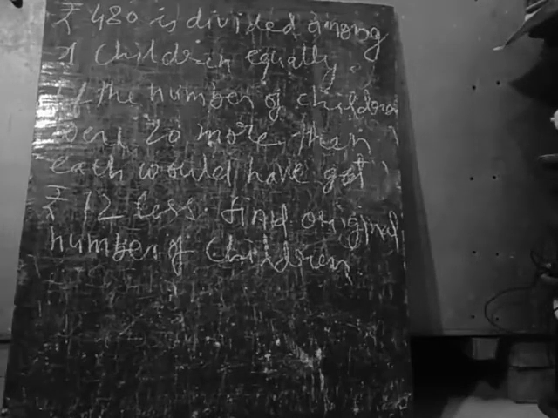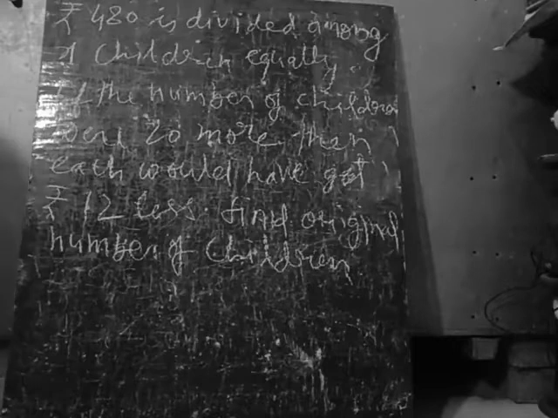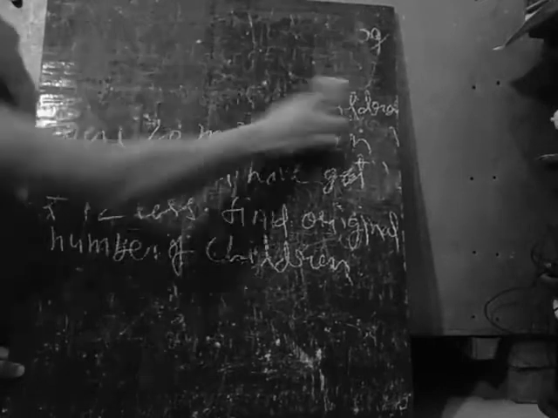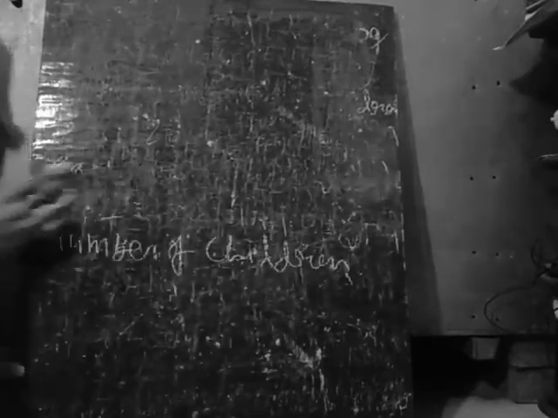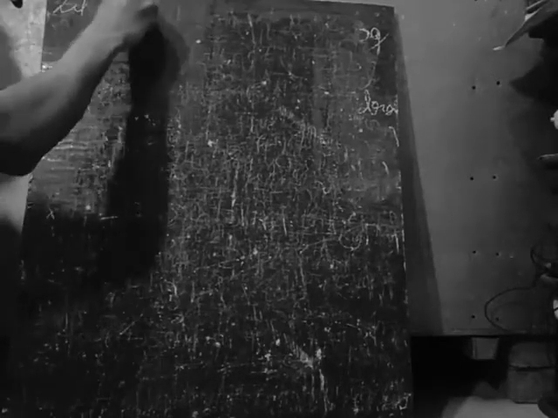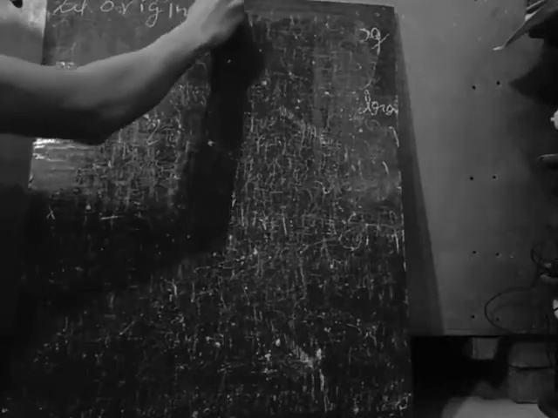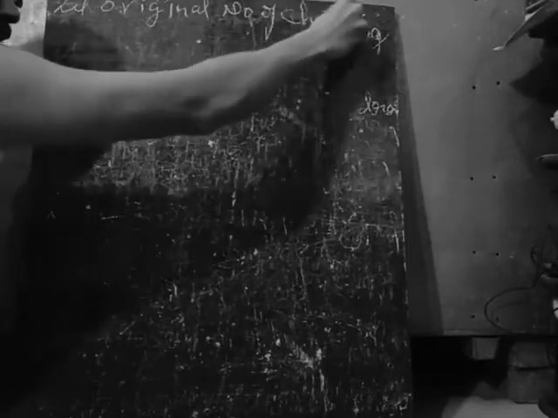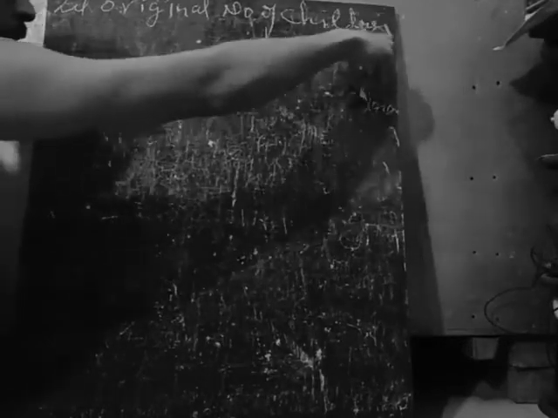So let the original number of children be equal to x.